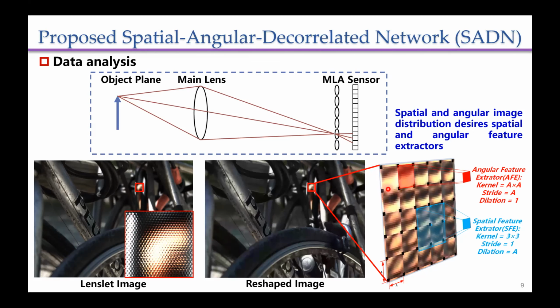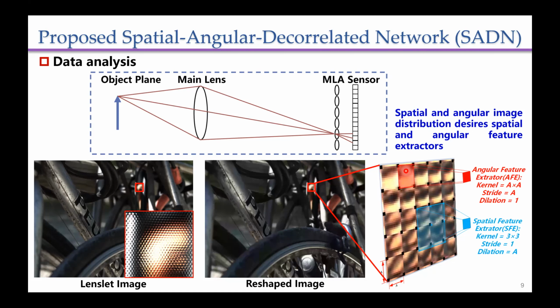Using that, the correlation becomes regular and shows a periodical appearance. So it will benefit the network. Then we further magnify this reshaped image.